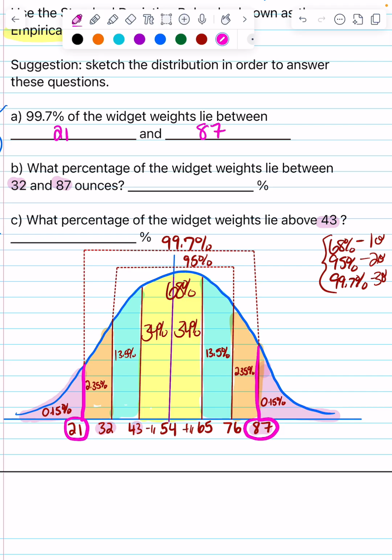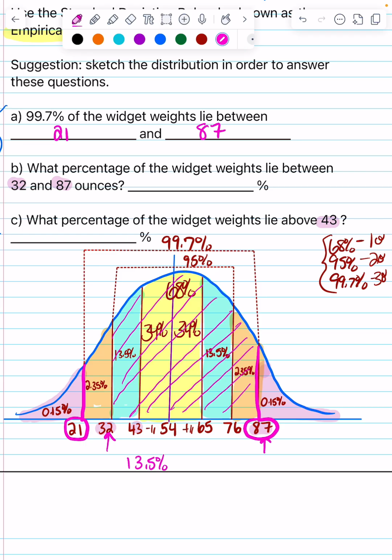What percent of the widget weights lie between 32 and 87? So this one we just need to add up. So 32 is right here, 87 is here. So those percentages are 13.5. So I'm going to do everything between those, right? And I'll just shade that or draw that out in these pink stripes. That's the area that I'm going to add up. So 13.5 plus 34 plus 34 plus another 13.5, and then plus 2.35%.